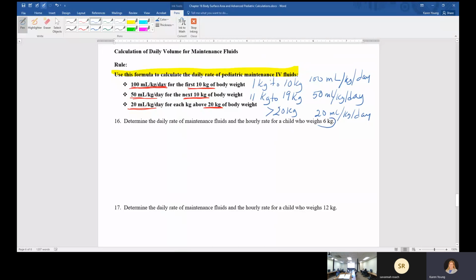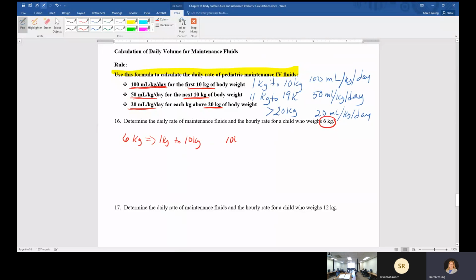So this child here weighs 6 kilograms, okay? And 6 kilograms is less than 10. It belongs in the 1 kilogram to 10 kilogram range, right?